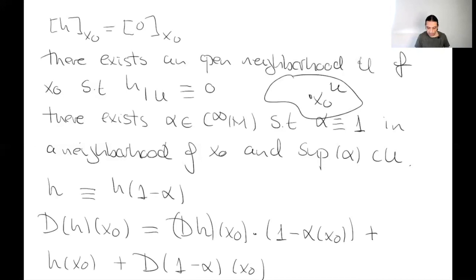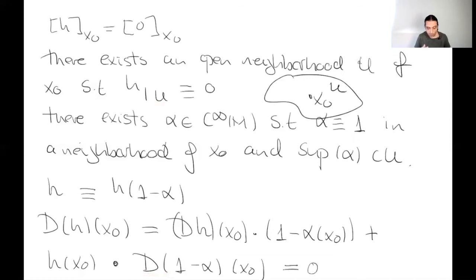This is just the Leibniz rule. But alpha is equal to 1 at x0. In particular, this is 0, right? And sorry, this is a product, of course. And h is also equal to 0 at the point x0. So this is the sum of 0 and 0, and then 0.